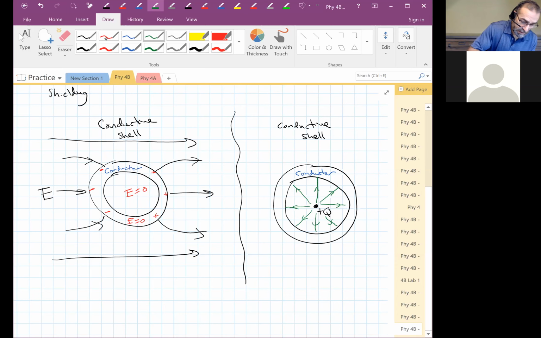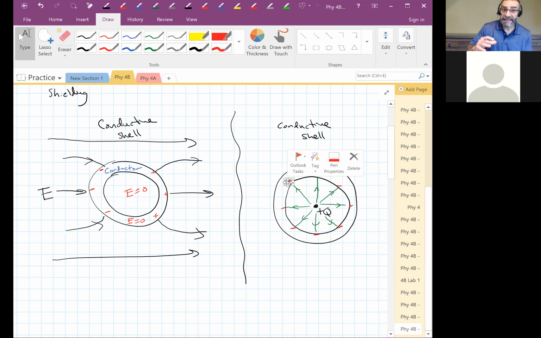So we're going to get some electrons here on the inner surface. And the electric field is going to be zero in that conductive material.